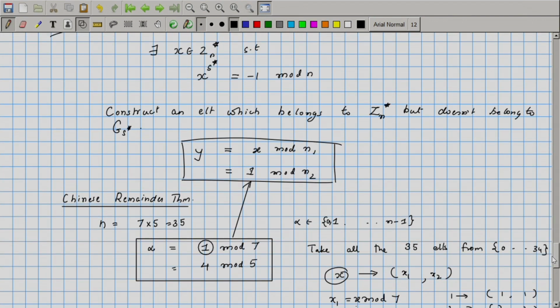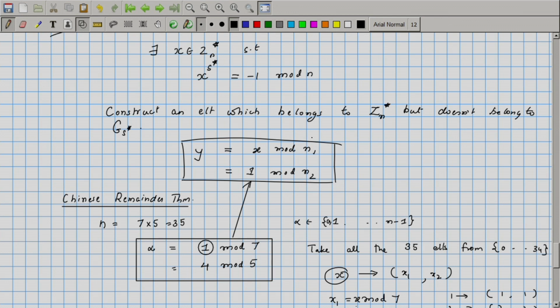Okay. This proof can be converted into a formal proof where you take two numbers n1 and n2, such that n1 and n2 multiply and give n, and they do not have any common factor between them. Okay.